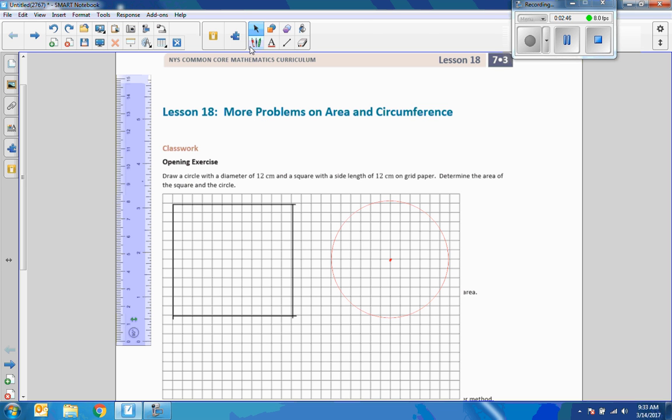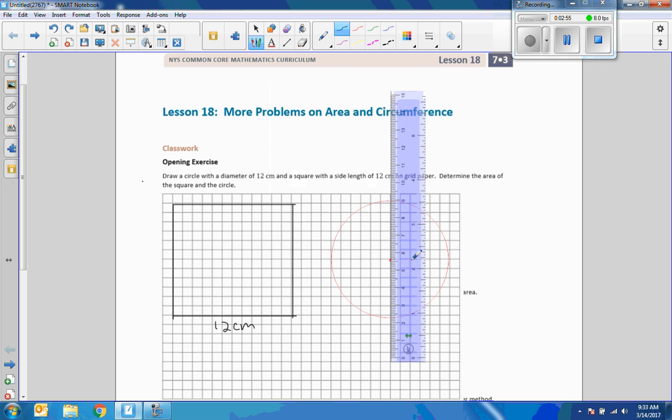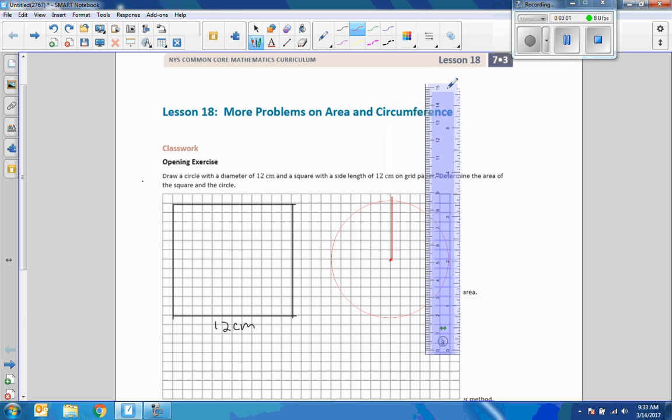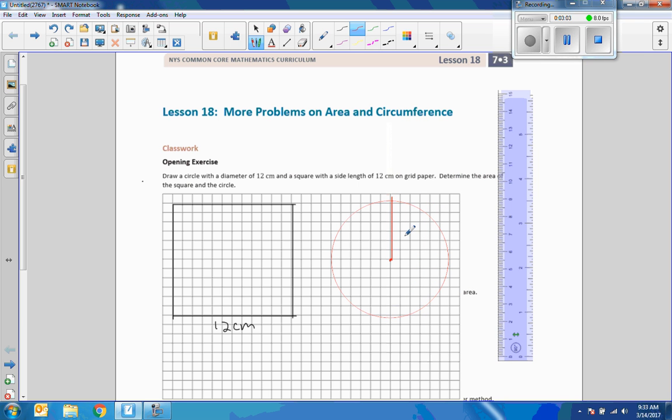Length 6, so let me mark this. This is 12 centimeters, I'm sorry. And then if I draw a line from the center to the edge, that is a radius, and that would be 6 centimeters.